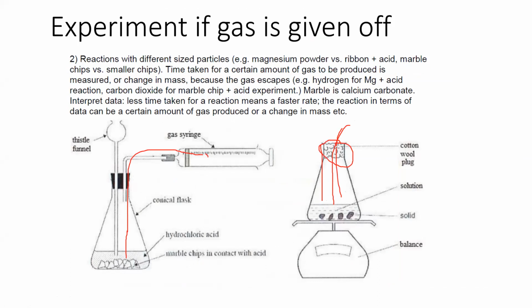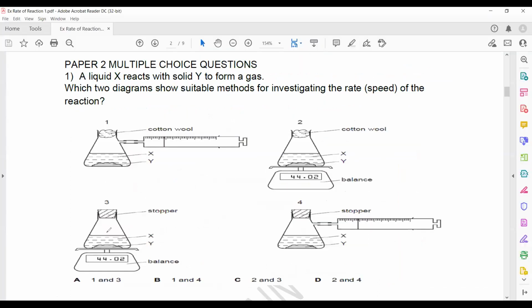If you don't want the gas to escape, then you place a stopper. So why was the third one not correct? Because in that one they placed a stopper, so the gas will not escape, and will remain in the flask. That's why the mass will not change, so we cannot measure using 1 and 3. So 2 and 4 can be used only. That's why D is the right answer. Is it clear?